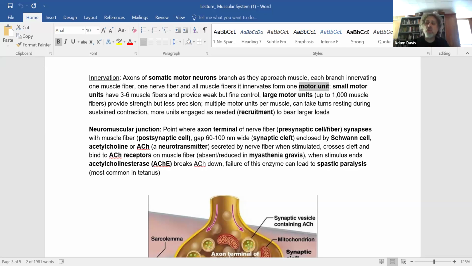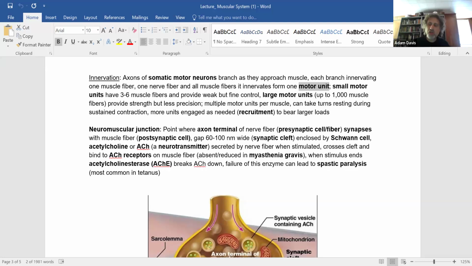Small motor units are really good when the body wants to engage in very precise movements, where we're moving the muscle just a wee little bit at a time, such as tiny little movements of eyelids or fingertips. So that's what small motor units are.